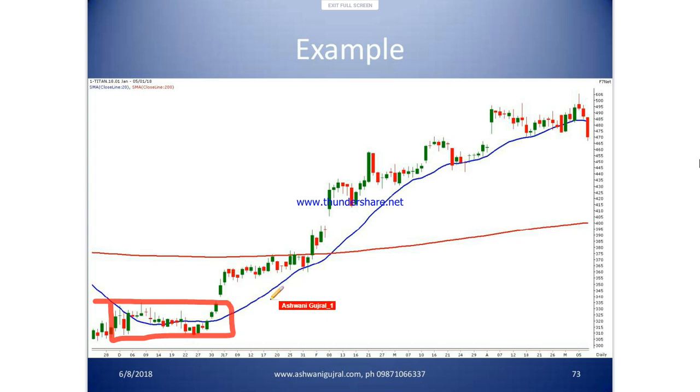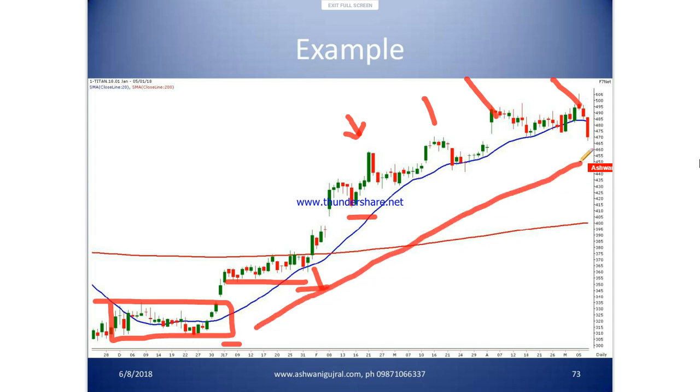Narrow range, breaks out. Look at this. This is a shallow correction. Move sideways only. Add, stop updation, add, take 25% off, 25, done. It should be this simple.